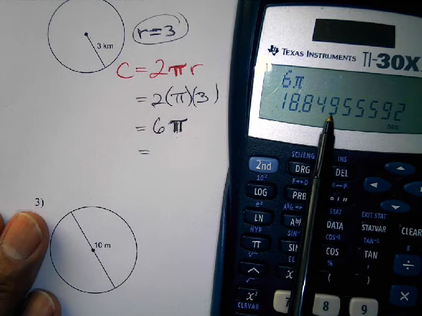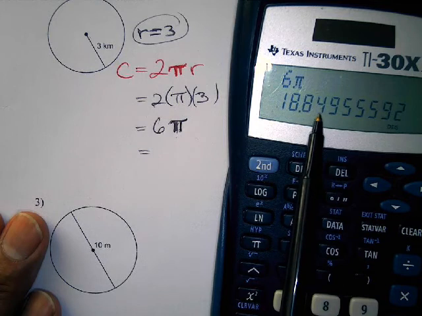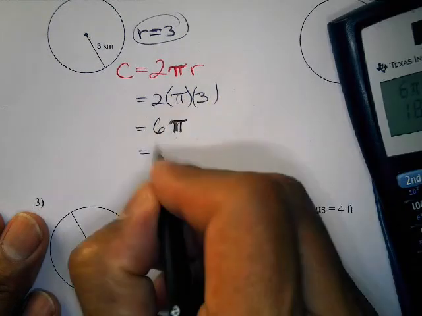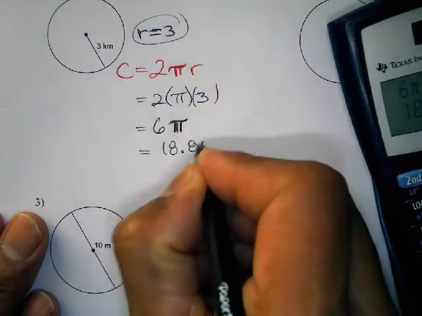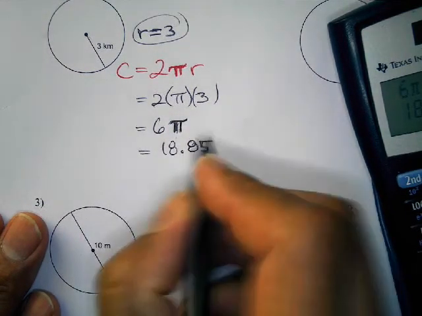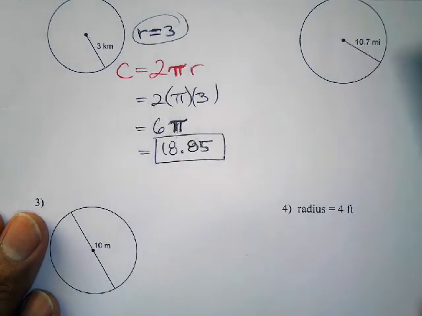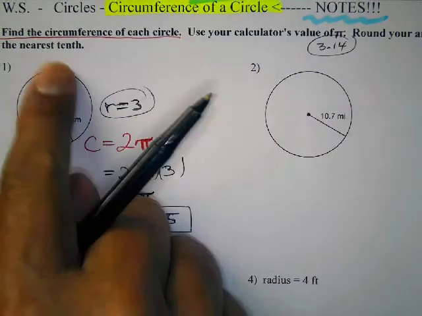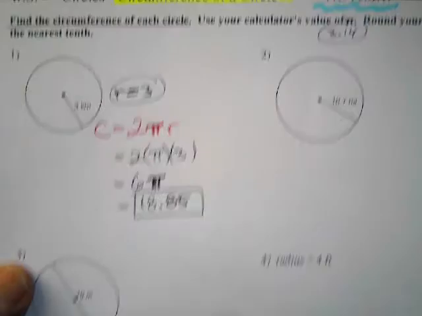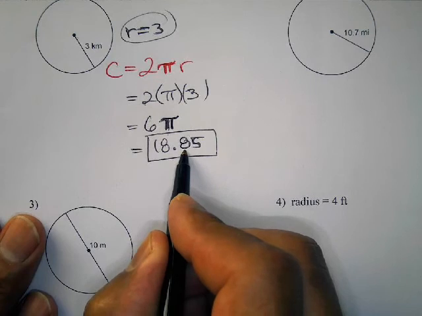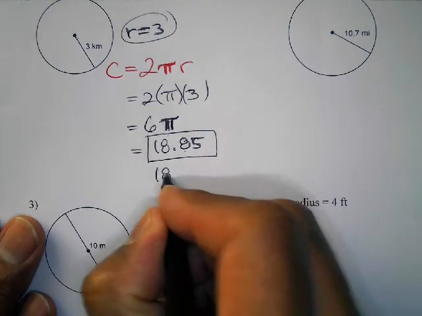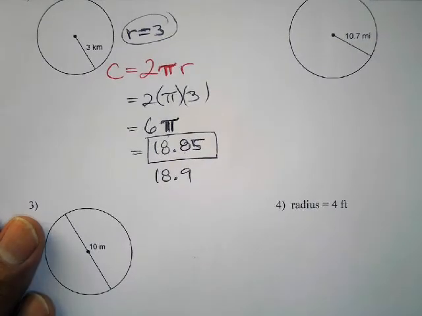Just round this off and make it look like money: 18.84, or maybe that 9 can bump up the 4. It rounds up, so we'll put 18.85. We'll just leave it like that. Now, this worksheet says to round off to the nearest tenth. The tenth place is this one, and that 5 will round this up to 18.9.